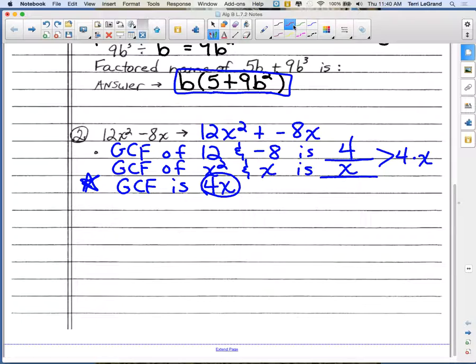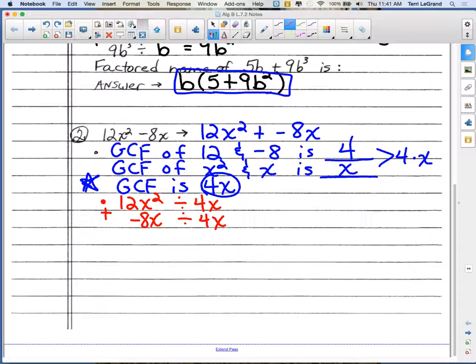Then next, what we are going to do is divide each term by our GCF. So we have the 12x squared. Let's put our little plus sign over here, and our negative 8x. Those two terms, we're going to give them each their own line. Each of those terms has to be divided by our GCF. Go ahead, you divide those out and see what you get.